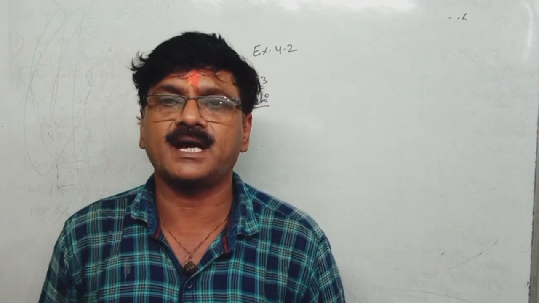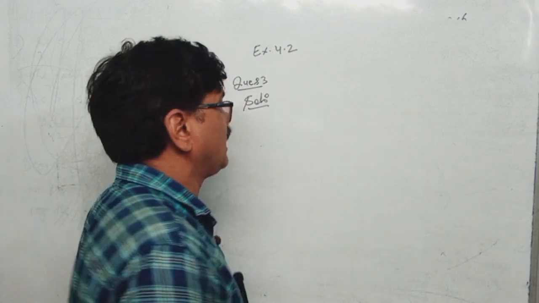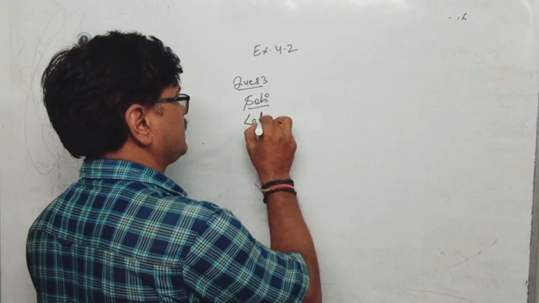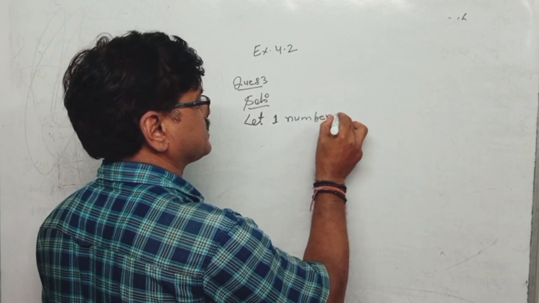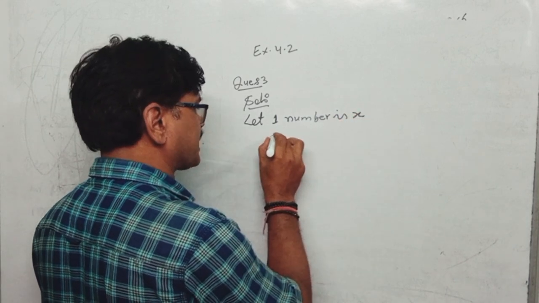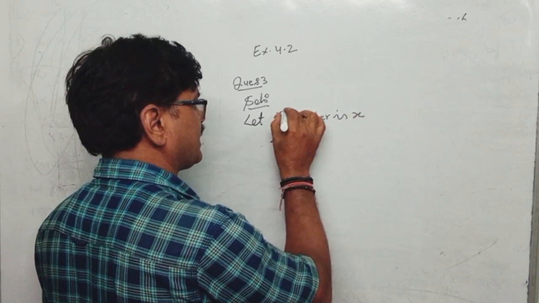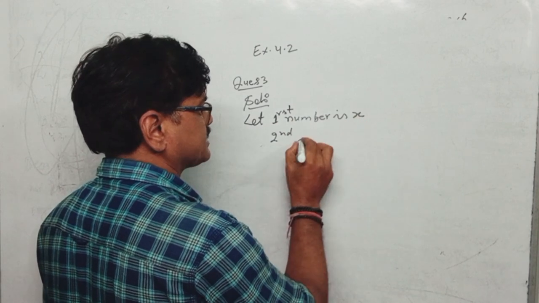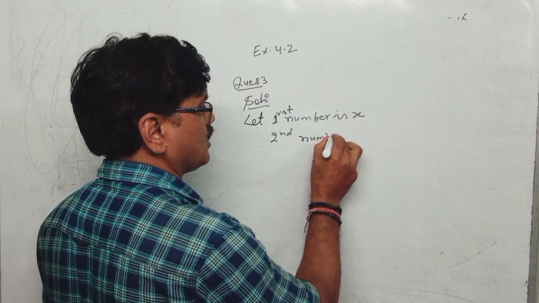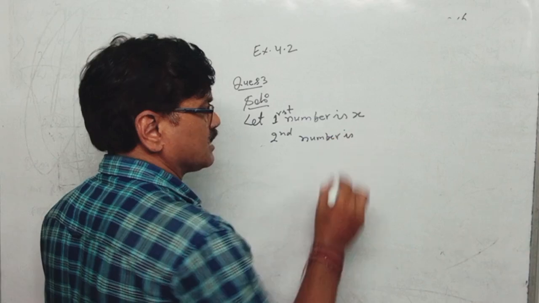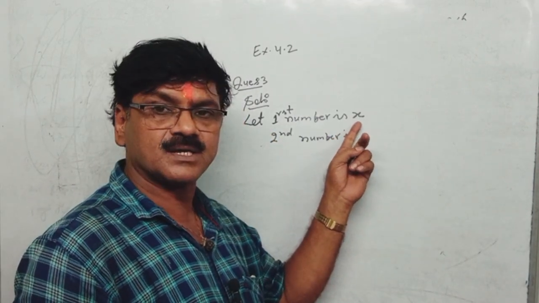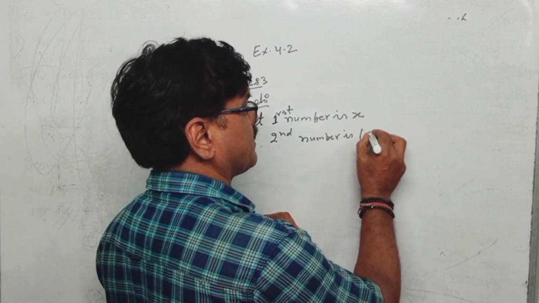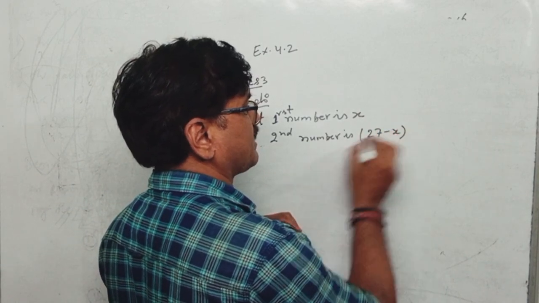Now the question is that if the sum of the two numbers is 27, first you will let one number be x. The second number: the sum of two numbers is 27, and one number you have known, so for the other number you will write 27 minus x.